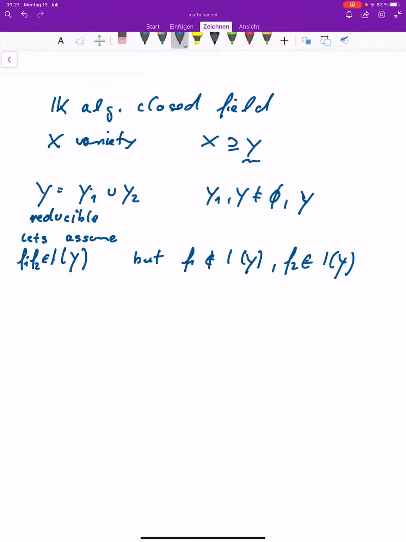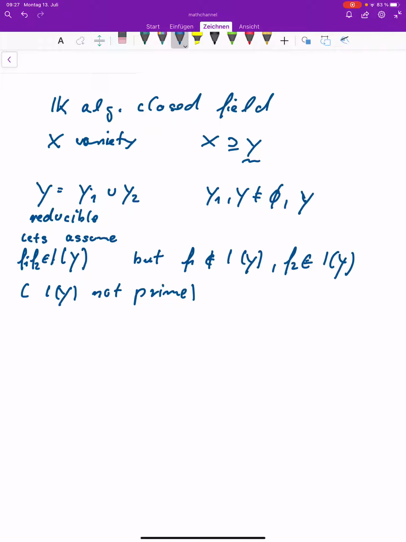So the product of f1 and f2 is in I of Y, vanishes on Y, but taken alone, f1 and f2 do not vanish on Y. So what this means is that the ideal I of Y is not prime, right?